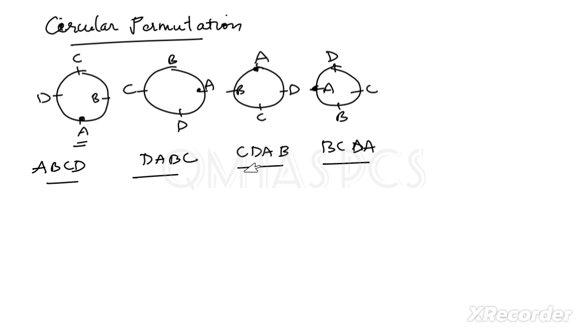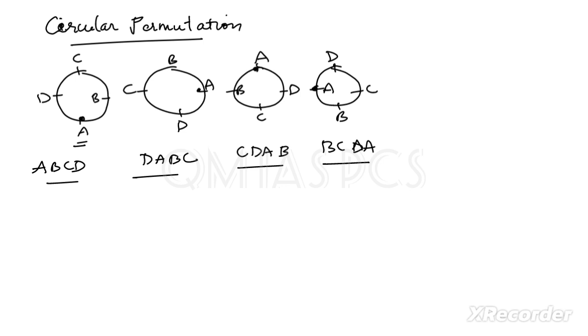So if you take n objects, then we will get n arrangements. We have to understand this concept because we are deriving a formula right now. Maybe you can write the formula directly, but if you want to derive it, let's do that.